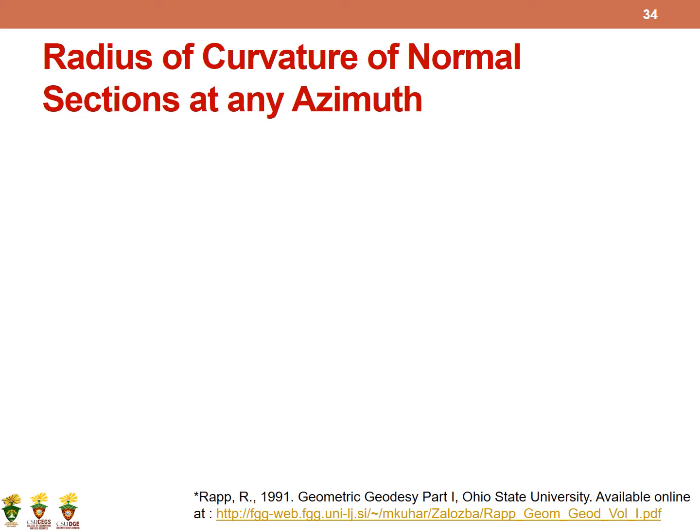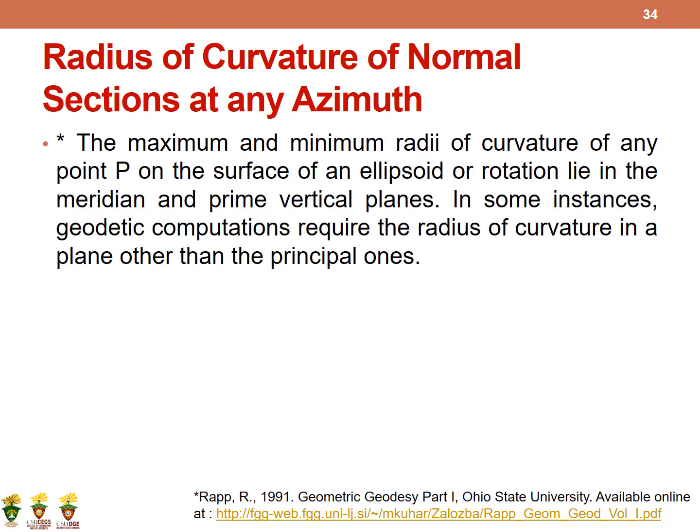Then another curvature aspect that we will consider for this lecture is the curvature of normal sections at any azimuth. It says there that the maximum and minimum radius of curvature of any point P on the surface of an ellipsoid of rotation lie in the meridian and prime vertical planes. In some instances, geodetic computations require the radius of curvature in a plane other than the principal ones.